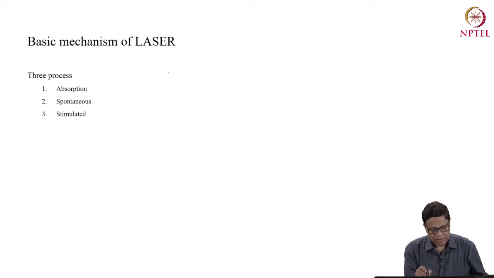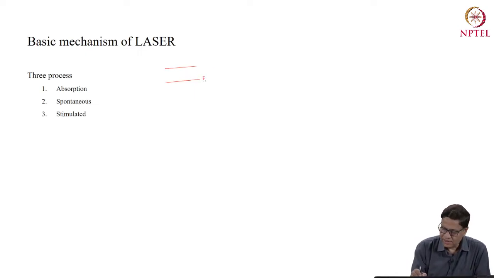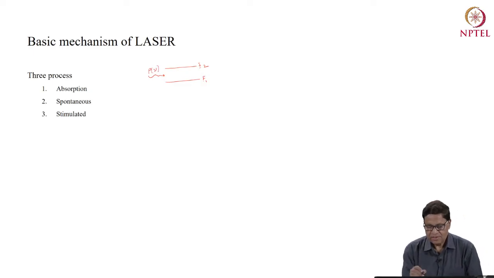The absorption process is actually, if you consider a two-level system with energy E1 and E2, and there is some flux density, say rho nu, falling on the matter.